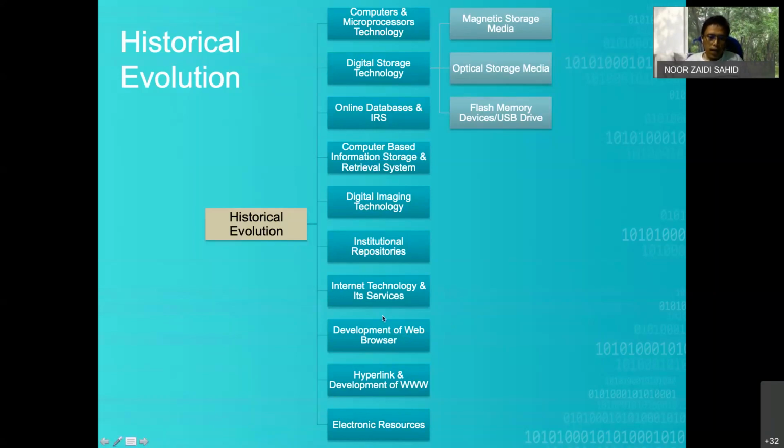And then next, internet technology and its services. Now, what are the services provided by the internet? What services can you find from the internet?